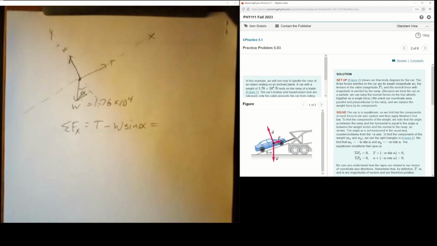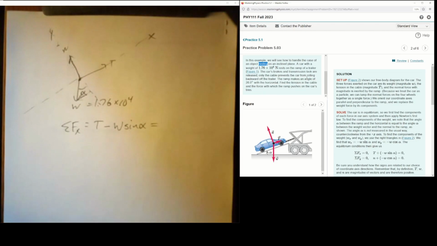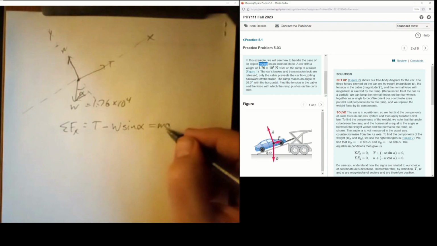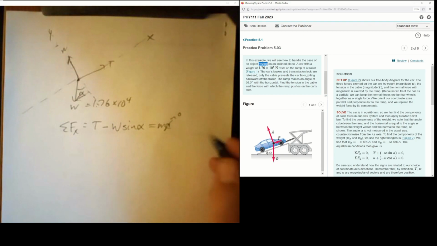Oh, it does say right here. All right. In this example, we will see how to handle the case of an object resting. So it is resting. There's our key word to tell us what the acceleration is. So Newton says this equals ma, but they're telling us it's resting, which means the acceleration is 0, and so the whole equation equals 0.